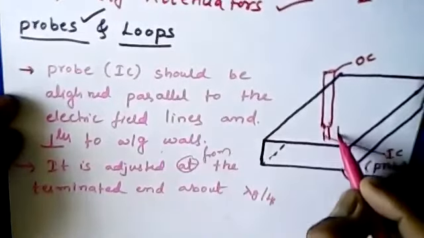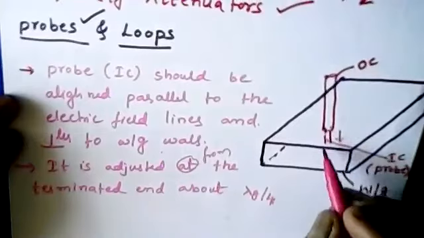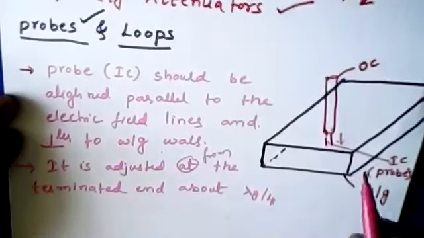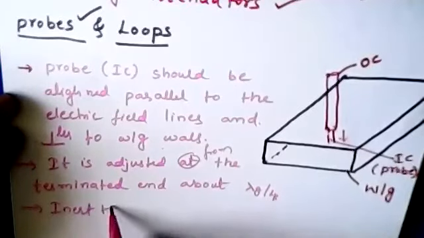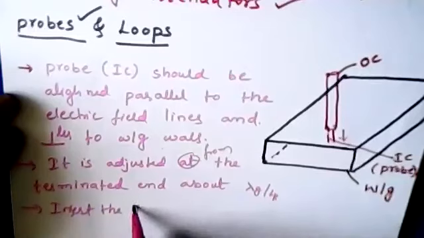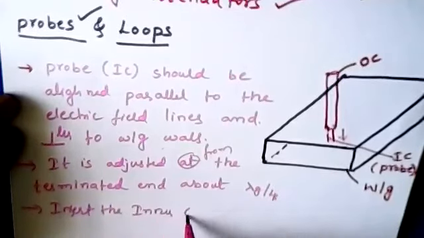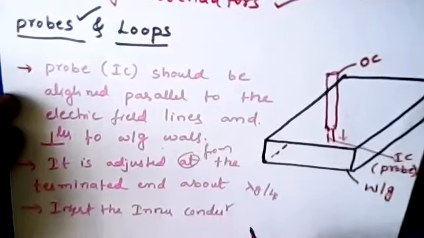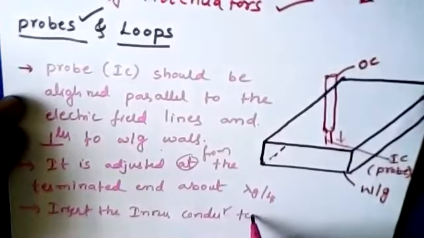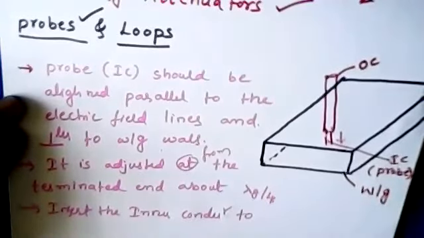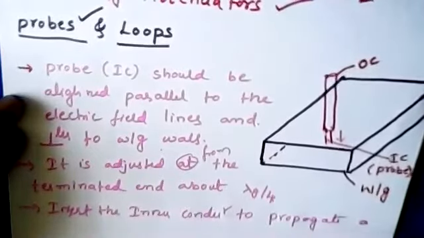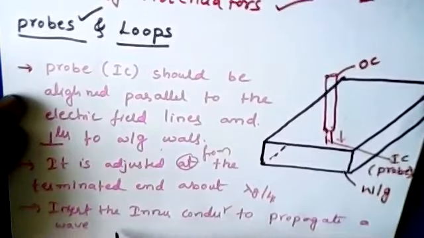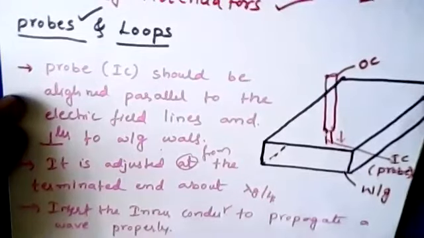And coming to the insertion, we have an inner conductor. To what extent is it inserted? We have to insert the inner conductor to propagate a wave properly without any attenuation.